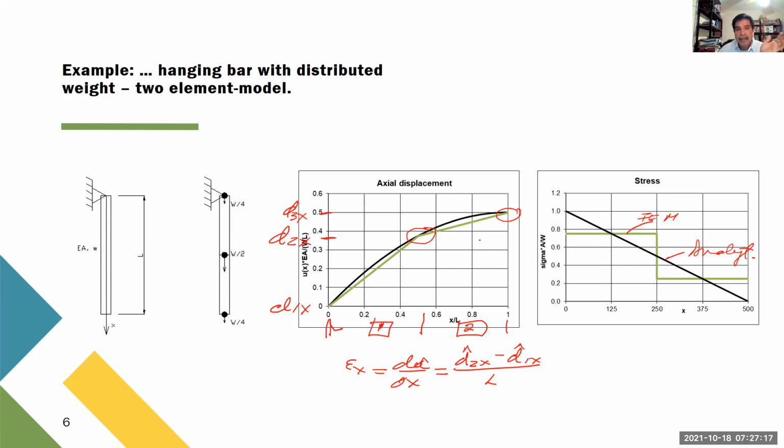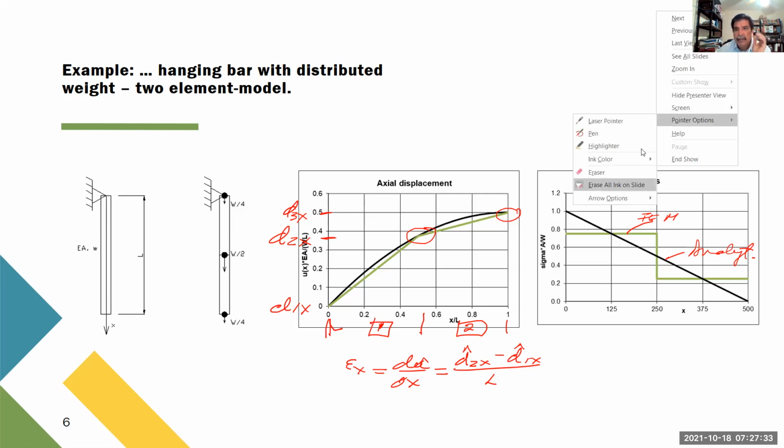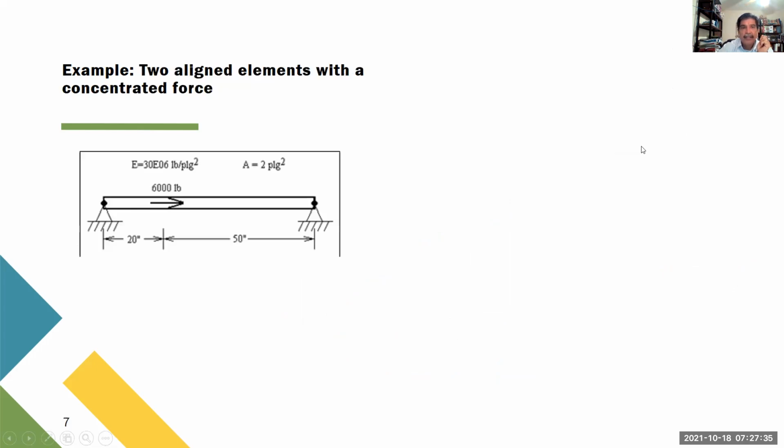Okay, finite elements is a good method, an extremely good method, but it's not exact. We have to be smart enough in order to use it effectively. So I'm just repeating. Hopefully, that will be helpful. Now, this other example, which you have to review at home, I'm just going to comment on.